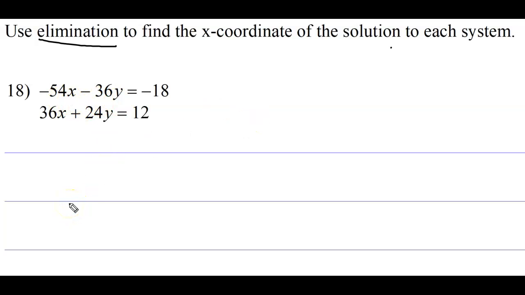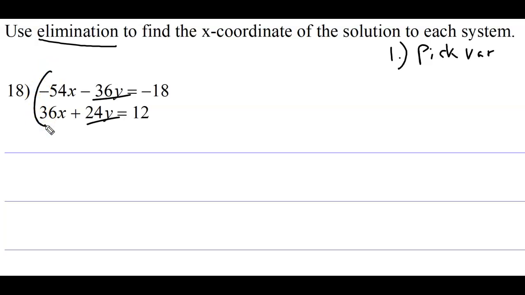So this other method, known as elimination, is basically going to be you trying to get one of the variables to cancel out. That's why they call it elimination. So the first thing you want to do is pick a variable that you want to cancel. Okay, so let's go ahead and cancel out the y's here. I want to cancel out the y's.